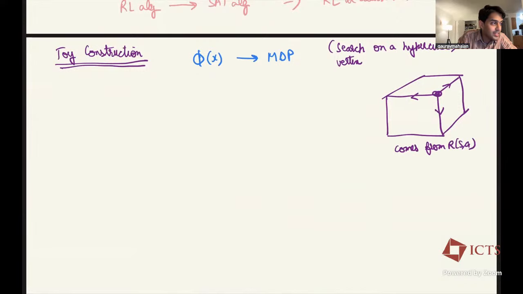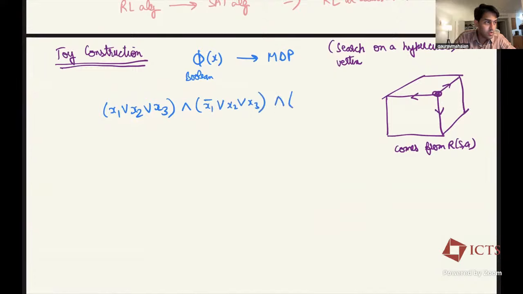So to explain it, let's pick a Boolean formula. I just realized the symbol I'm using for Boolean formula and features is the same, so hopefully that hasn't been confusing yet. Okay, so I have a Boolean formula, and I'm going to turn this into a state space.